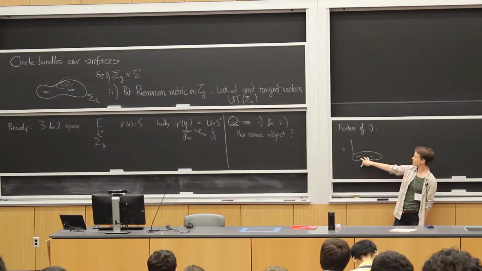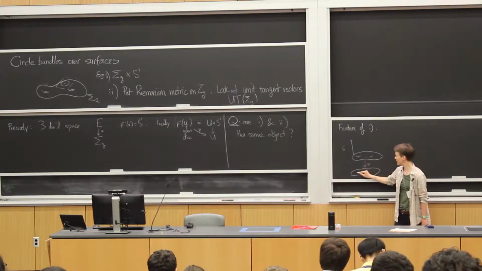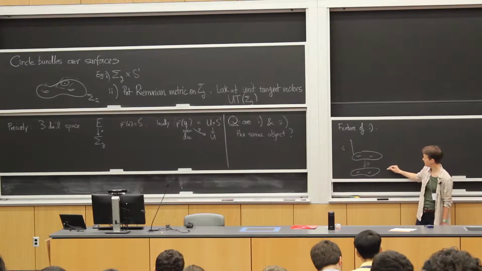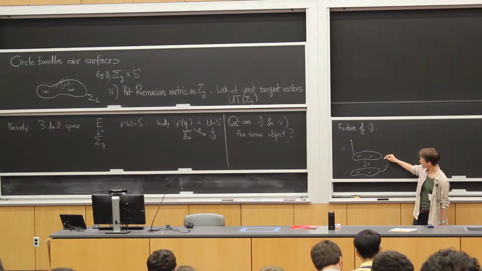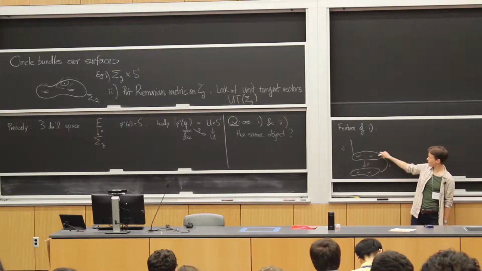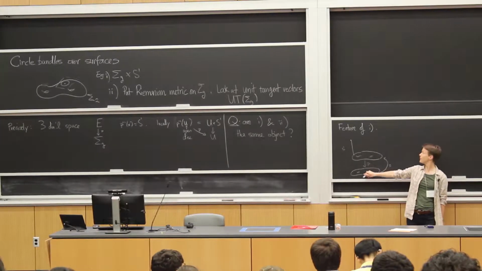There's an embedded surface in this. So if my projection map is just look at the surface part, it has what's called a section, namely a map from the surface into this object, into the bundle, so that if I compose s with p, I get the identity map.